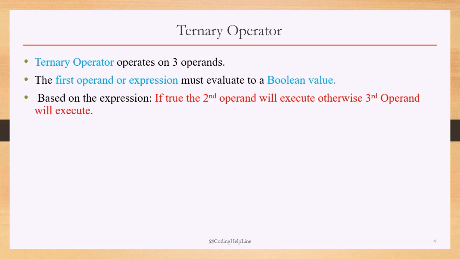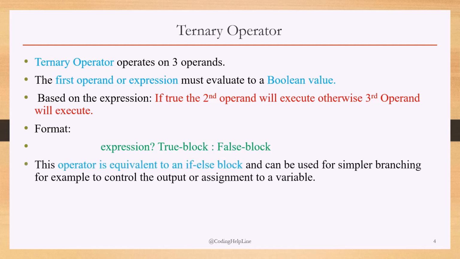If the logical expression evaluates to false, the third operand will execute. This is the format. Expression, this is the logical expression. If true, this is the true block, and this is the false block. If the expression evaluates to true, this block will execute. If the expression evaluates to false, the false block will execute.